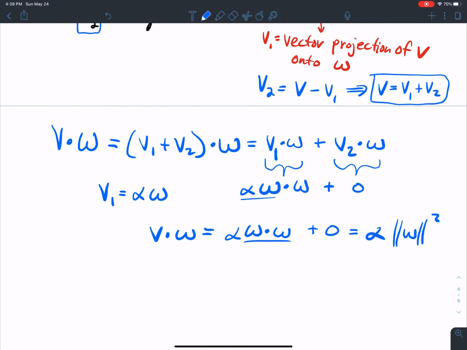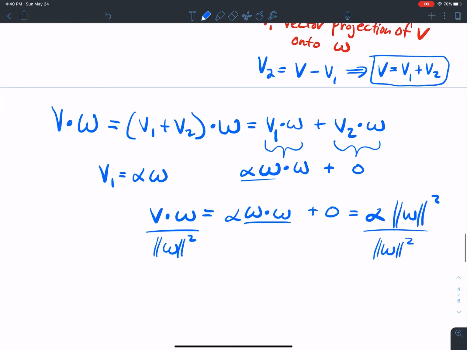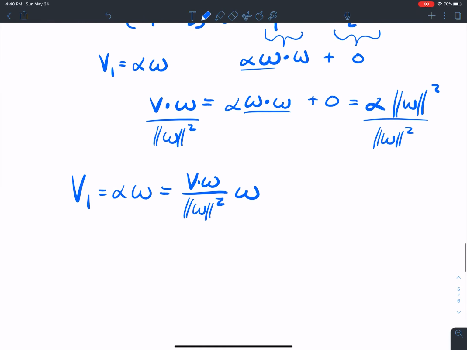And so to solve for alpha, I'm going to divide both sides by the magnitude squared, and that gets me alpha. So V1 is equal to alpha W. Well, alpha is equal to V dot W over the magnitude squared, and then multiplied by W. So now we've created our formula.